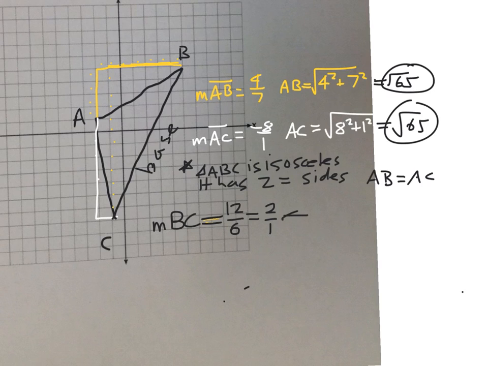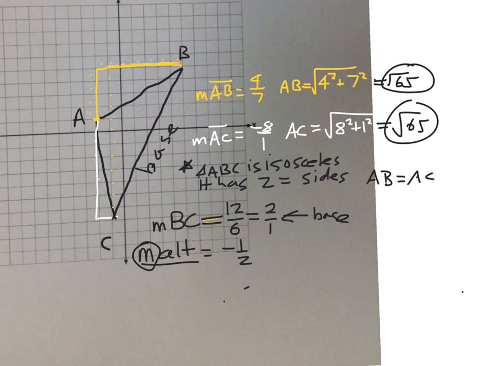And if my base has a slope that's 2 over 1, my altitude must have a slope that's the negative reciprocal, which would be negative 1/2. So the slope of the altitude must be negative 1/2. And you might have been able to get that visually by looking at the picture.